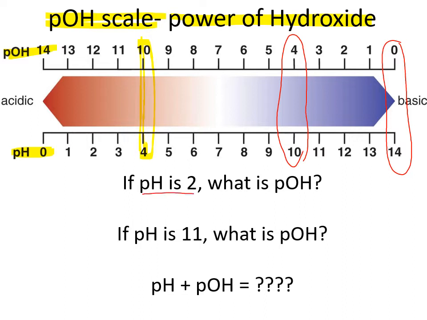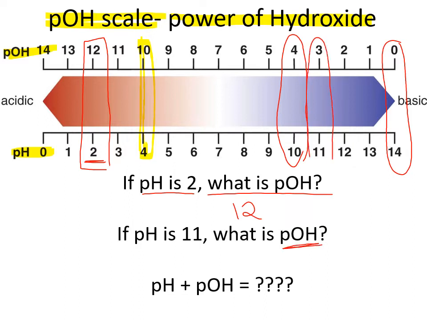So if pH is 2, what's the pOH? pH is 2, pOH is 12. They add up to 14. If your pH is 11, what's the pOH? pH 11 is a pOH of 3. So pH plus pOH equals 14.